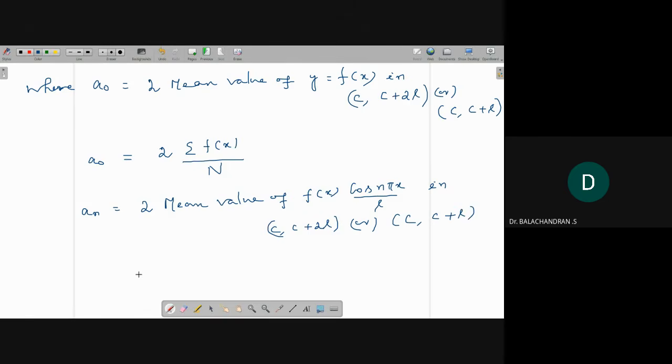So how to write this? a n is equal to 2 times the mean value of this function. That means you should add everything and divide by n: 2 times the sum of f of x into cos n pi x by L, whole divided by n.